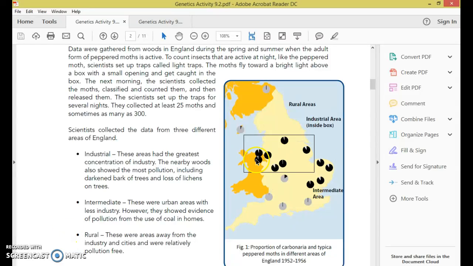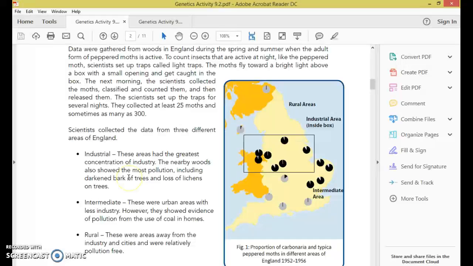So in activity 9.2, the first sections, A and B, are the pollution studies. On the evidence side, for pollution study number 1, section A, you were looking at this map right here, and in the evidence column, you need to have something like, in the areas where there was more industrial pollution, there were more carbonaria moths, and in rural areas where there was less pollution, there were more typica moths.